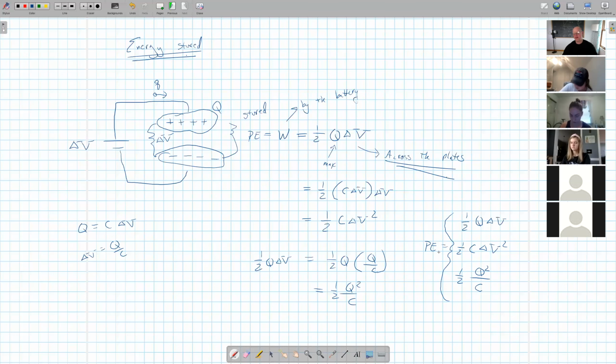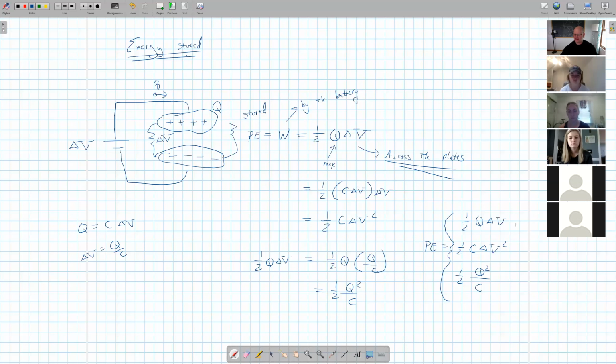What's the difference? The difference is mostly how you want to think about the energy being stored. Either you can think about the energy being stored in the charge. What's happening is I'm trying to push these charges onto the plate, so the energy is stored in the fact that I'm pushing these charges onto the plate.